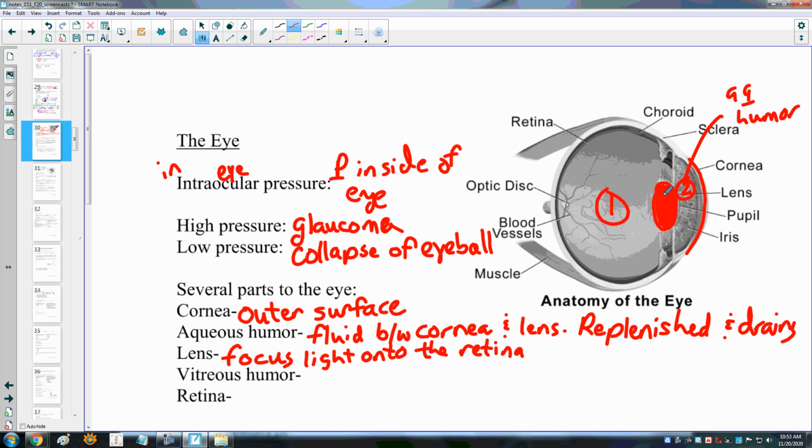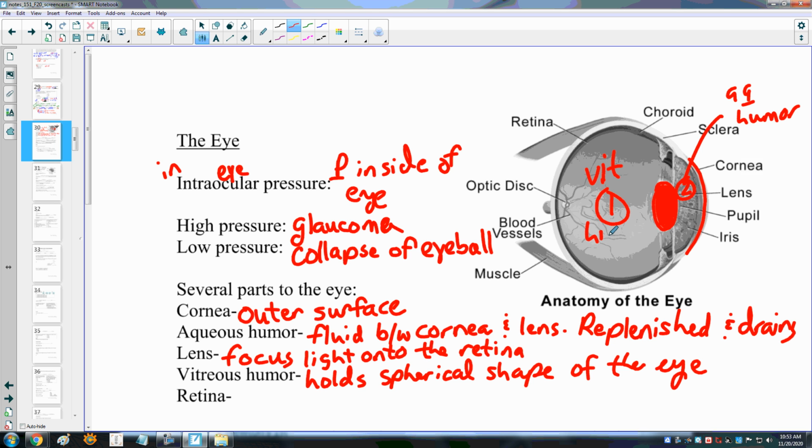The vitreous humor holds the spherical shape of the eye. Vitreous humor is right here. It holds the spherical shape of the eye and it's not replenished.